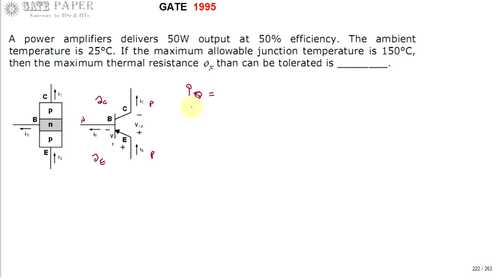For example, the total power dissipated in the transistor, which is a loss, is calculated by finding the power across each junction individually and adding both. So PQ, first we calculate the power across the collector base junction.